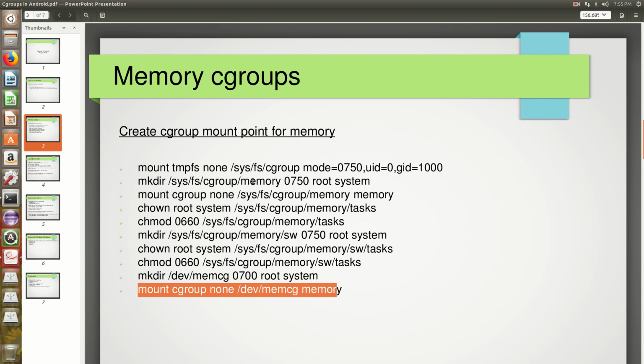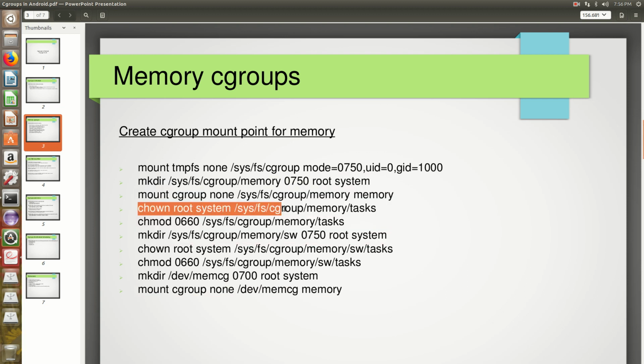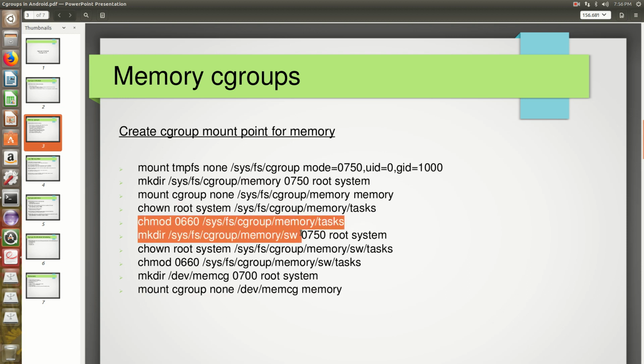So here, when it comes to memory, it's pretty much straightforward. You just create this, and the owner of this is root and system. Nothing fancy, just changing the ownership and the mode permissions. That's it.